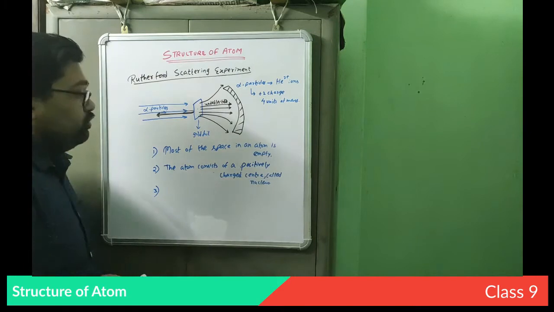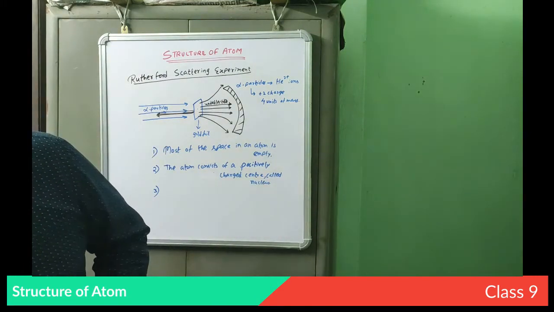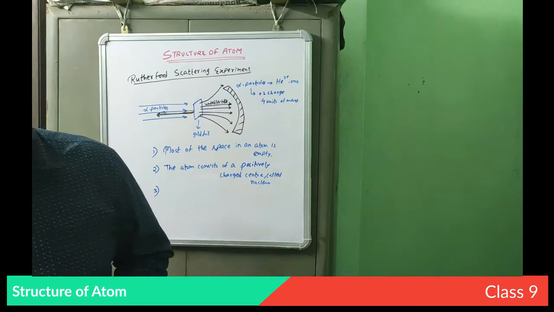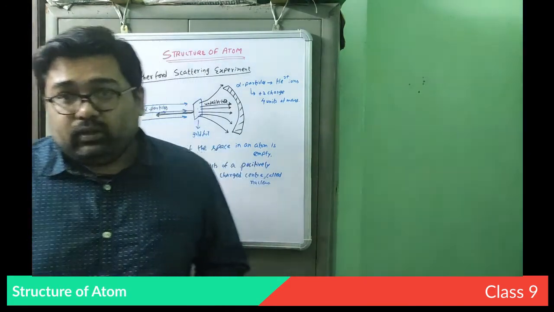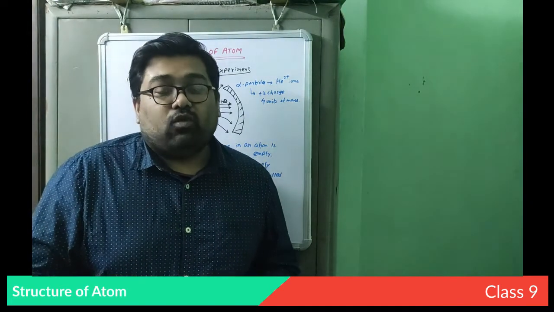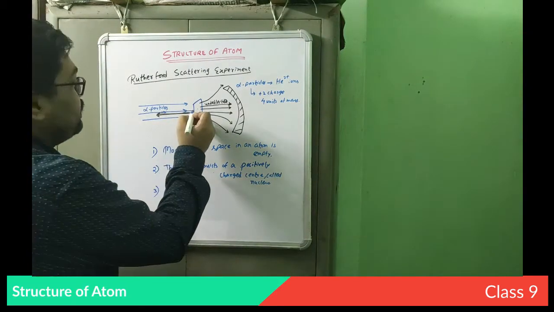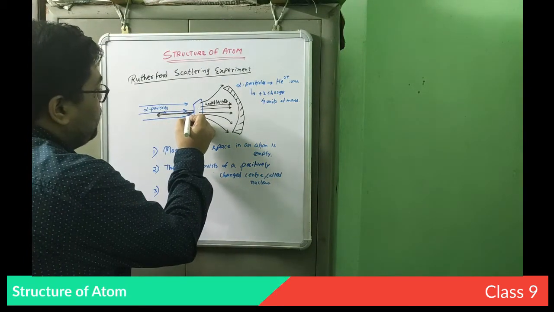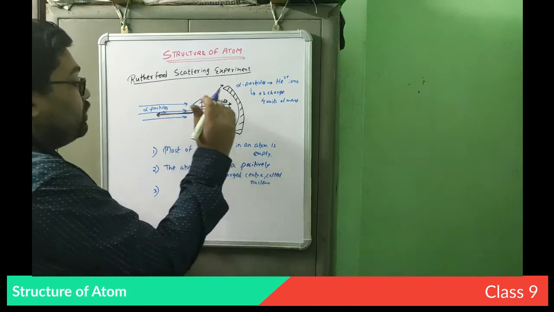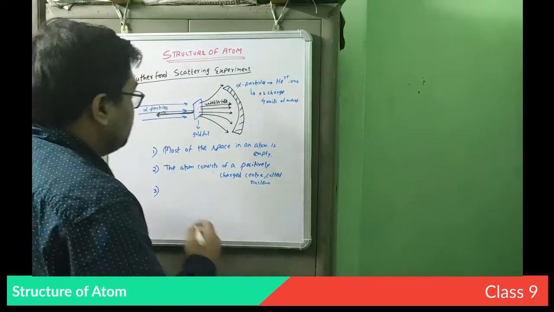The third conclusion that he drew was that the nucleus of an atom is very small as compared to the size of the atom, and it was for this reason that some of the alpha particles were deflected, or rather turning backwards to their original path.